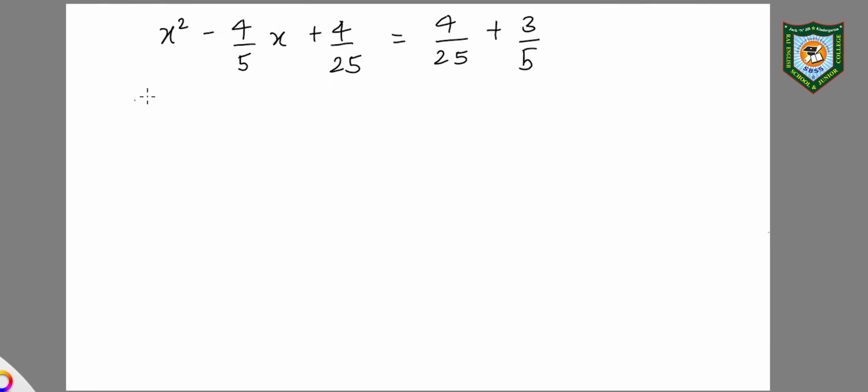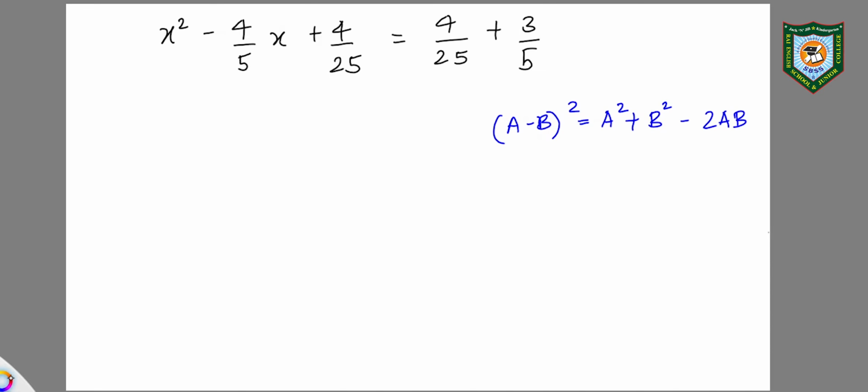Now we need to compare this to one of the formulas, either a plus b whole square or a minus b whole square. As we know, a minus b whole square gives us a square plus b square minus 2ab.